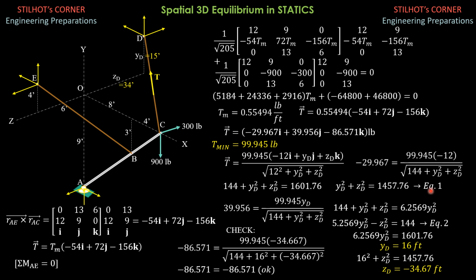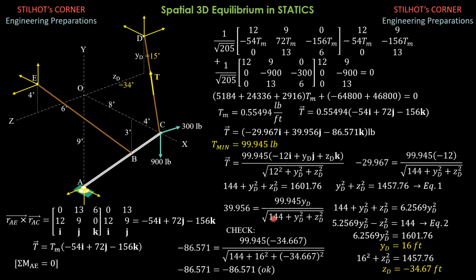We then equate the Y component of the tension force, which is 39.956, to the Y component in this form, 99.945 times YD over the distance. Again, 99.945 YD over 39.956, then the quantity squared.